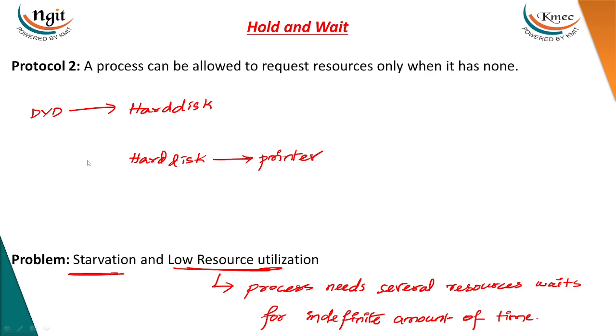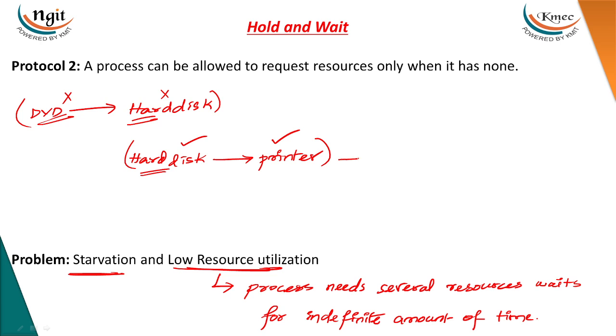That means initially you have DVD and hard disk, you copied into your hard disk, then you need to release both DVD and hard disk. So if you want the printer, you need to release both DVD as well as hard disk. And after releasing, then you request again for hard disk and printer.